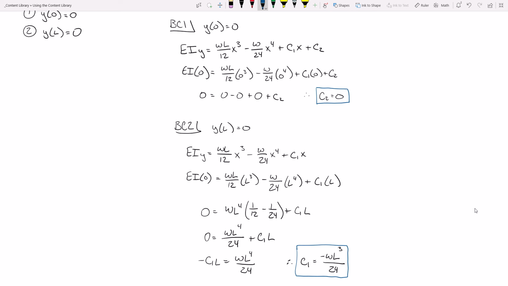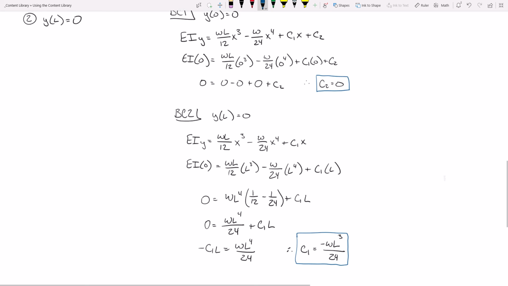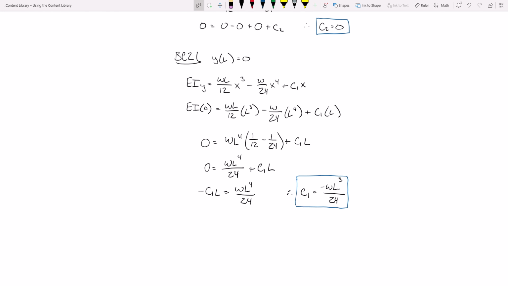So far, so good? Okay. So if you want, EIY is WL over 12 x to the third minus W over 24 x to the fourth plus C1x.